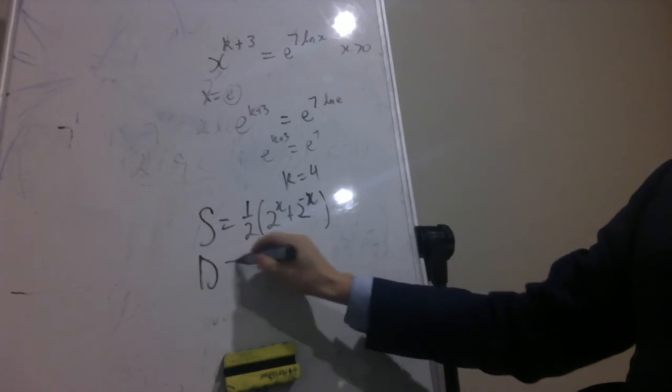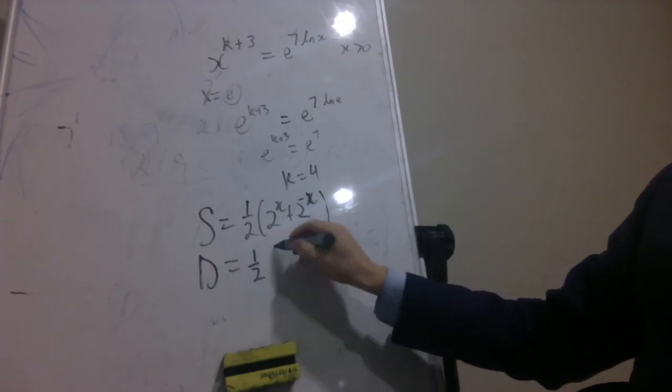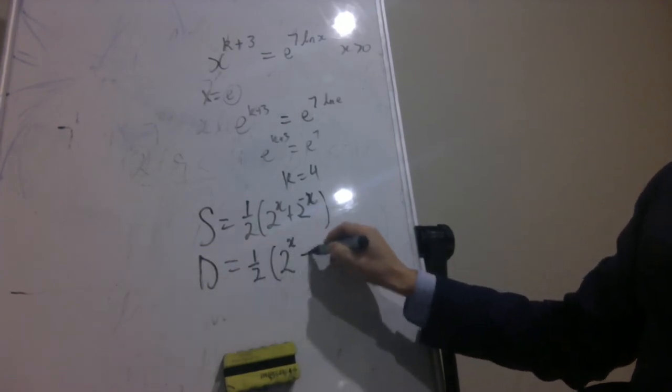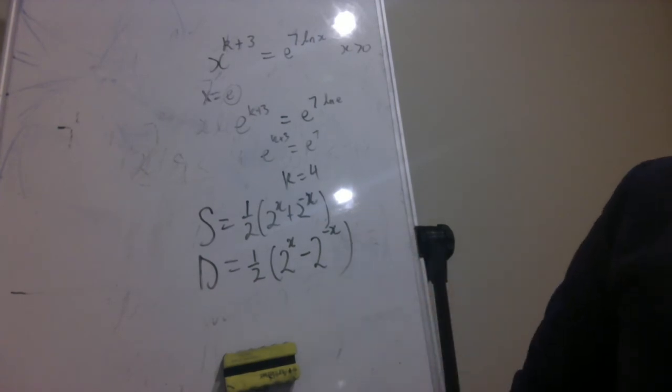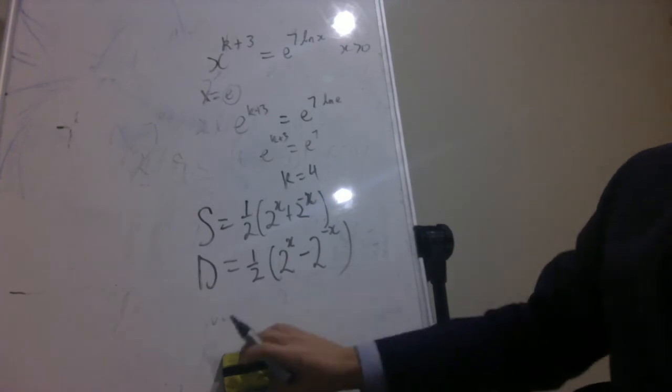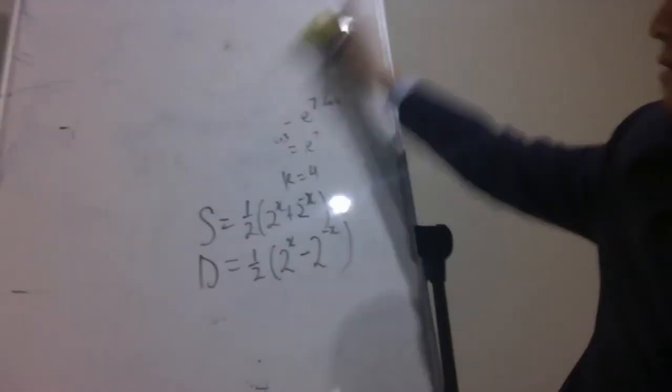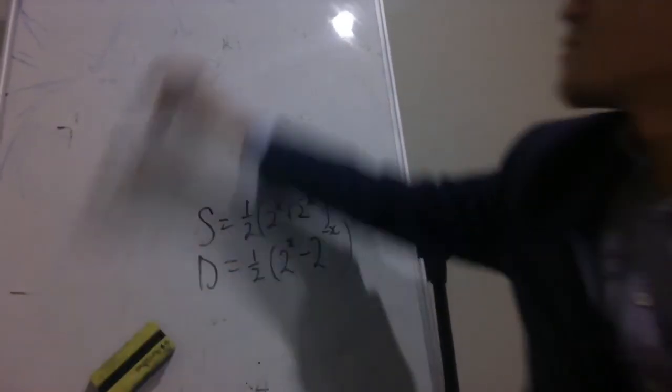D equals half of 2 to the x minus 2 to the minus x. The question says to find a whole bunch of things.